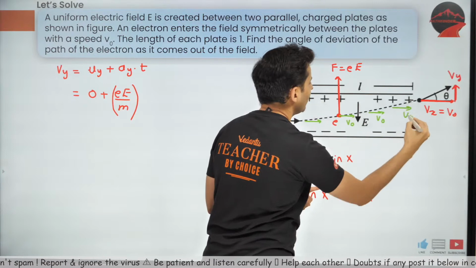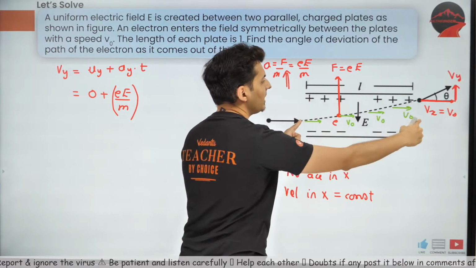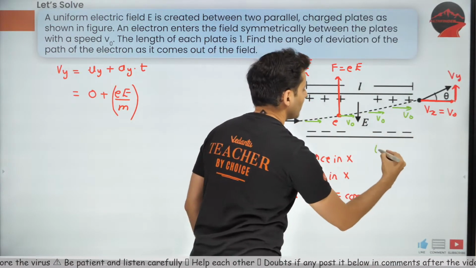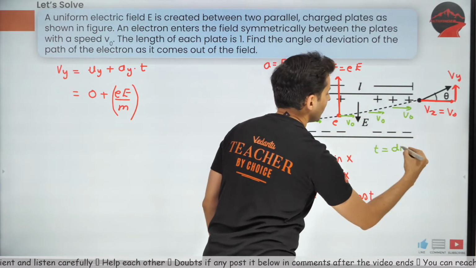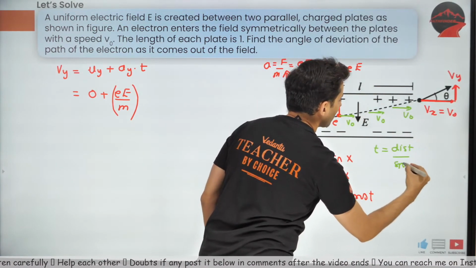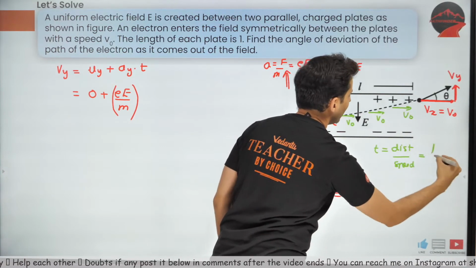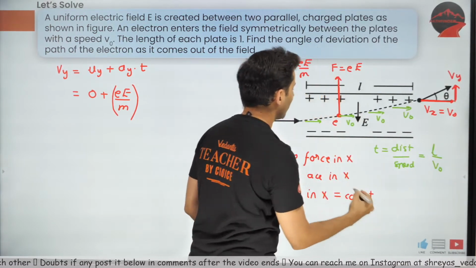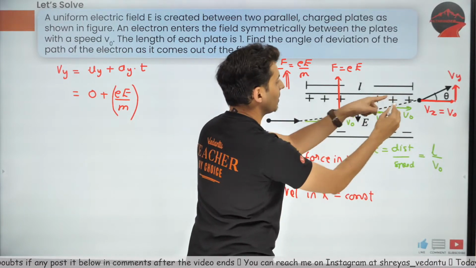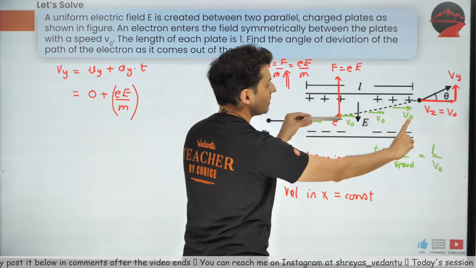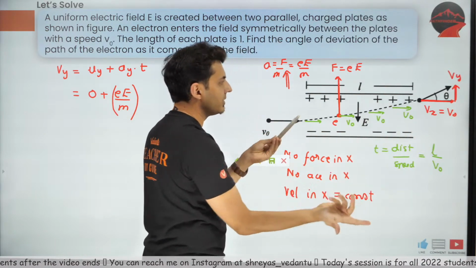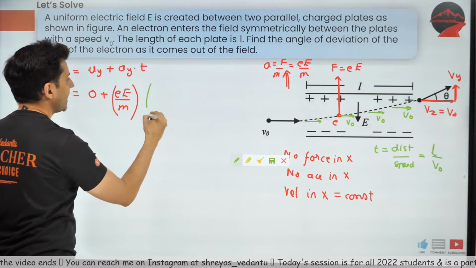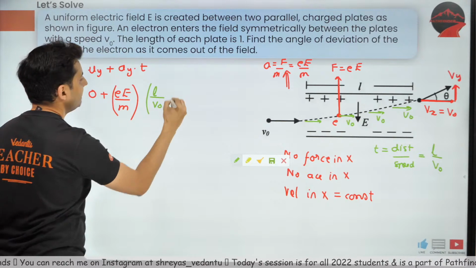So the time it takes to go from here to here will be distance by speed. Distance is L, speed is just V naught. So this time I can just put as L by V naught.